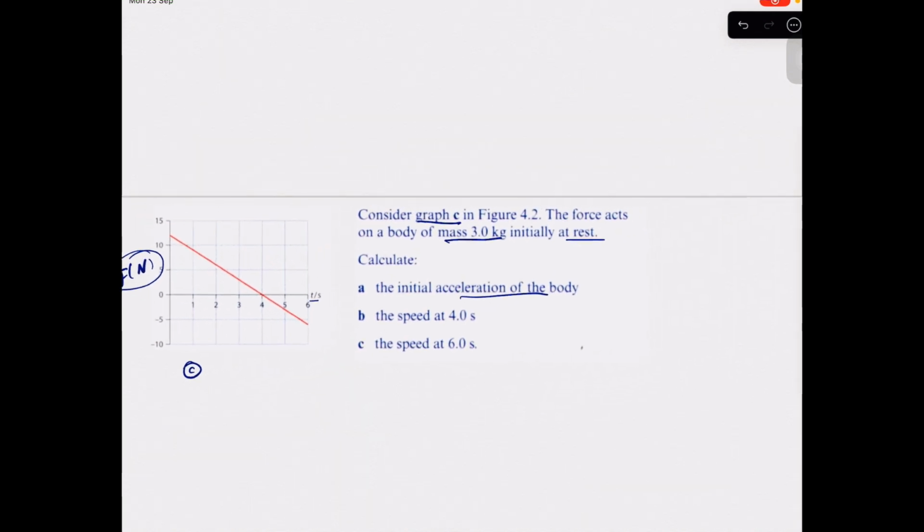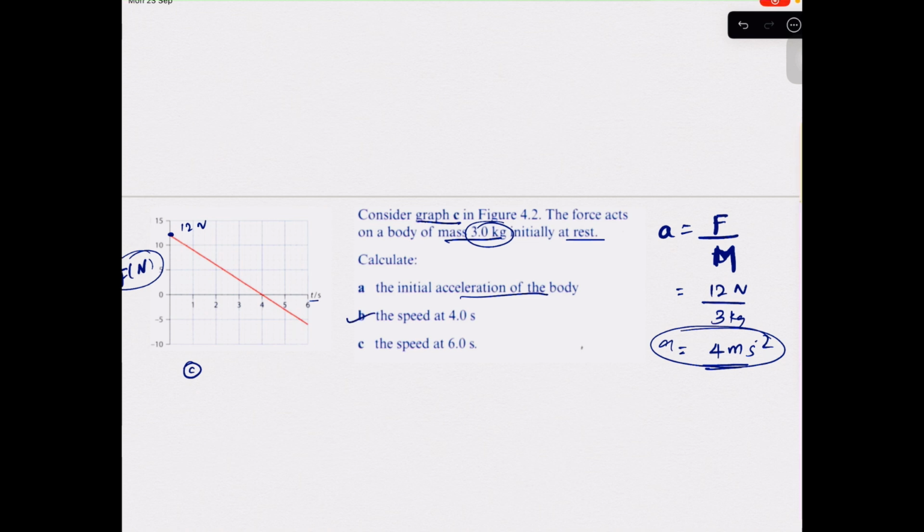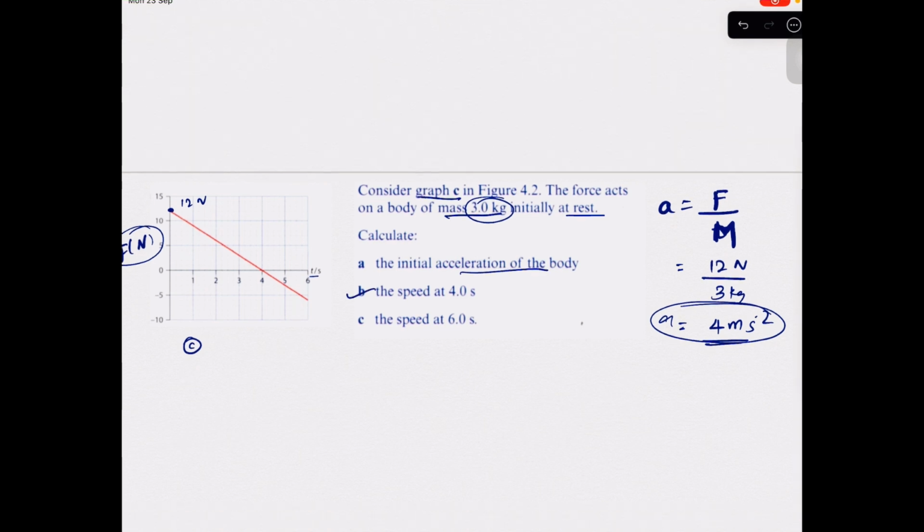The initial acceleration will be the initial force divided by mass. The initial force is 12 Newton, so 12 Newton divided by the mass of 3 kg gives 4 meters per second square. That's the initial acceleration.